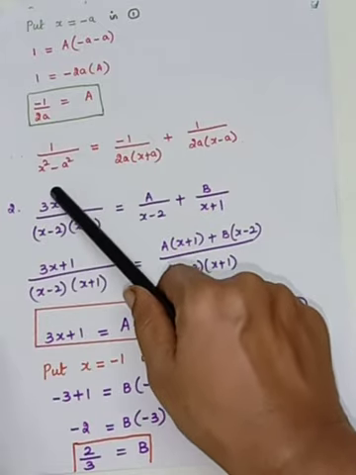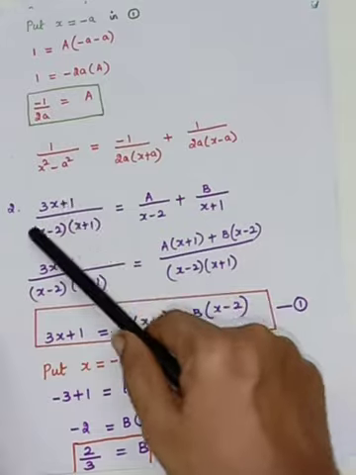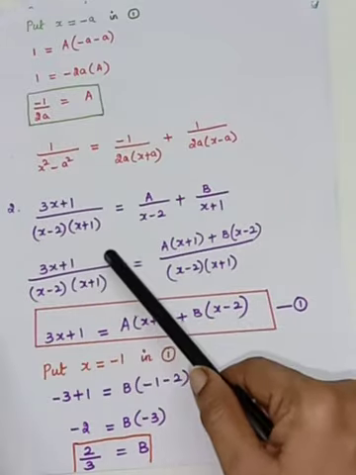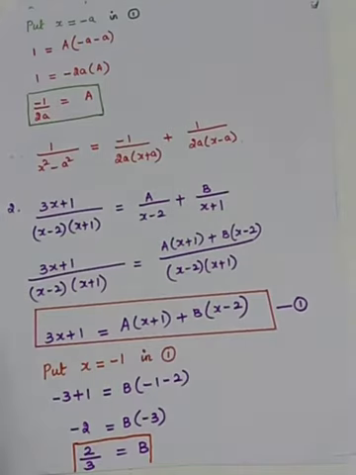The power of x is 1. Come to the denominator. x minus 2 into x plus 1, when you multiply, the highest power of x is 2. So the numerator degree is 1 and the denominator degree is 2. They are in a proper fraction, so we can go to partial fractions.